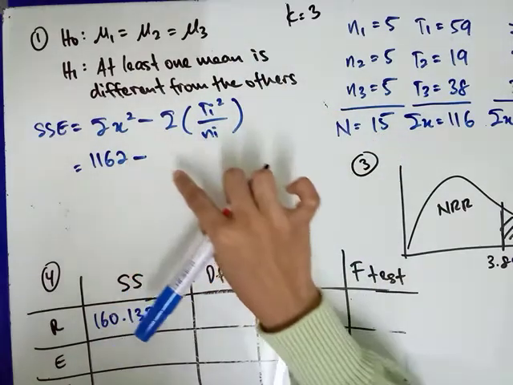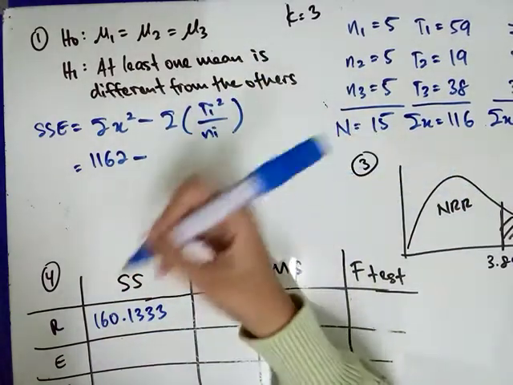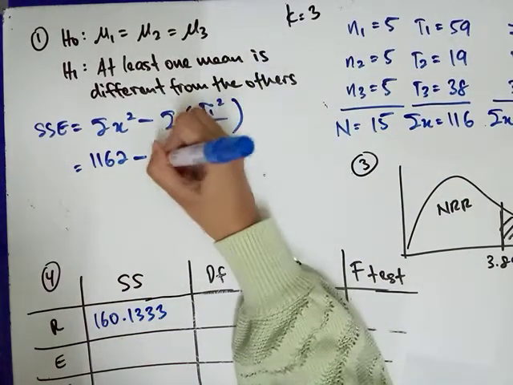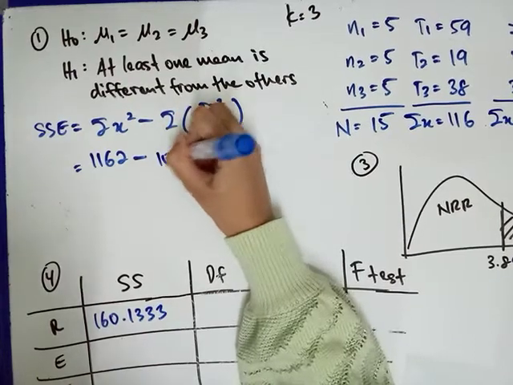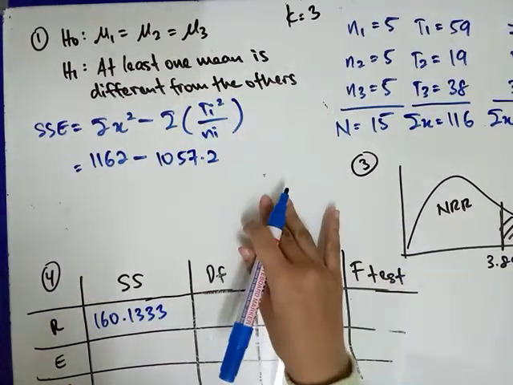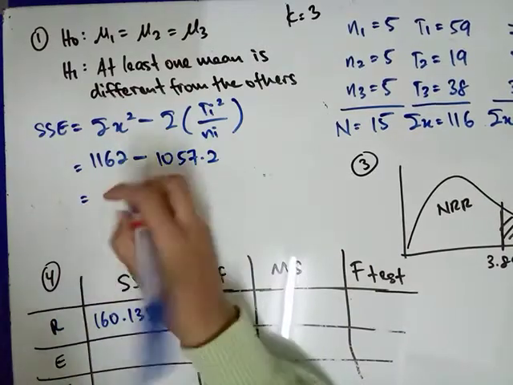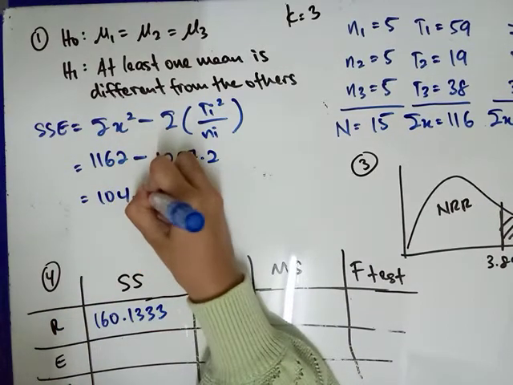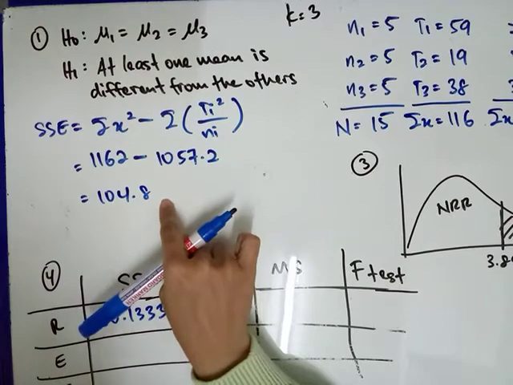Yang tadi awak dah calculate for SSR, awak tak perlu nak calculate lagi. Just letak value dia, 1057.2. Okay, and then awak total up, you will get 104.8. So, this is for SSE.